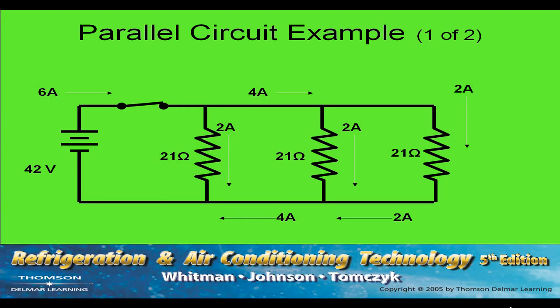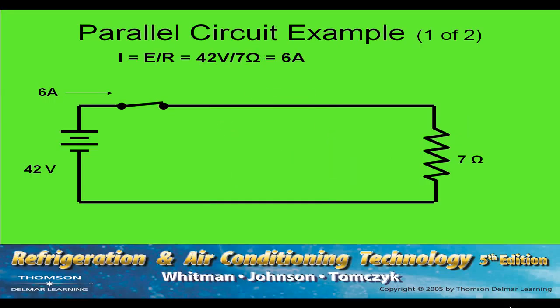And when we came up with the 7 ohms, I can do the math and find out what the total current for the whole circuit is, right? That's a 6 amp circuit.